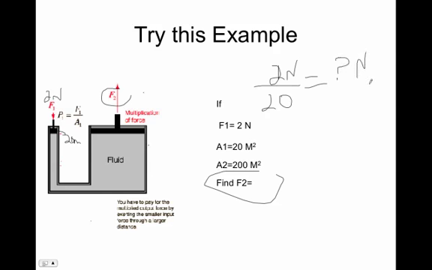So these two fractions have to be equal. So whatever I do to the top, I must do to the bottom, and whatever I do to the bottom, I must do to the top. So what did I do from 20 to get to 200? I had to times it by 10. So I have to times the top by 10 for them to be equal fractions, which means the force over here is 2 times 10, 20 newtons.